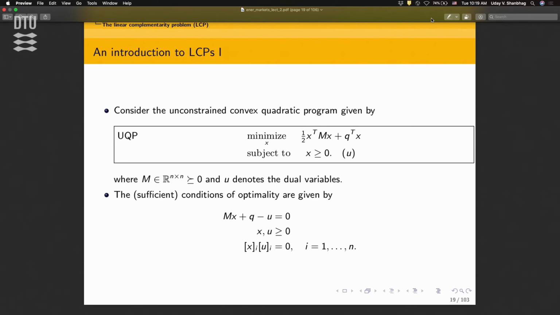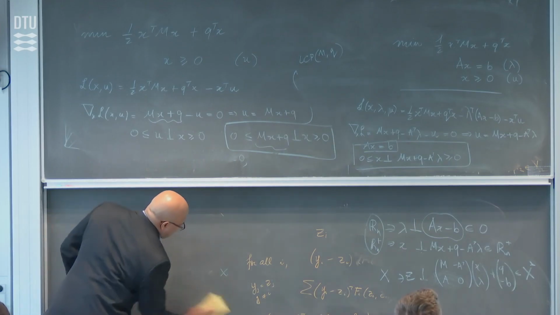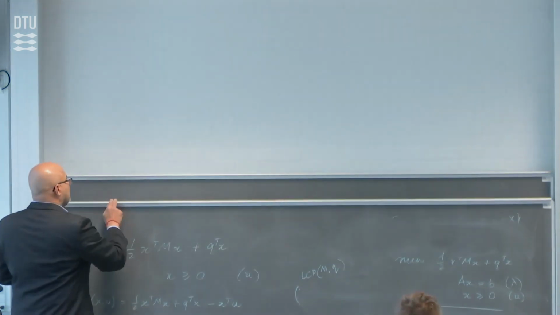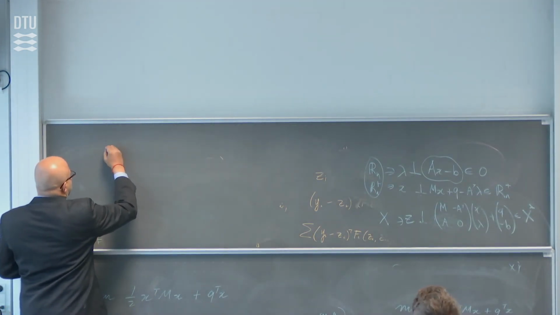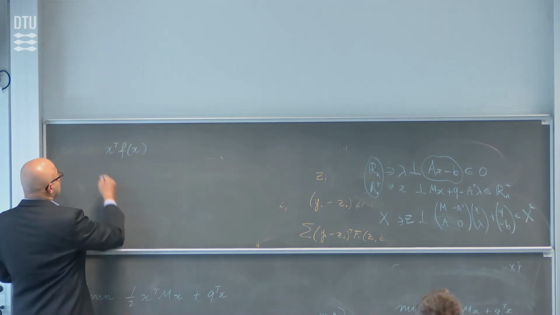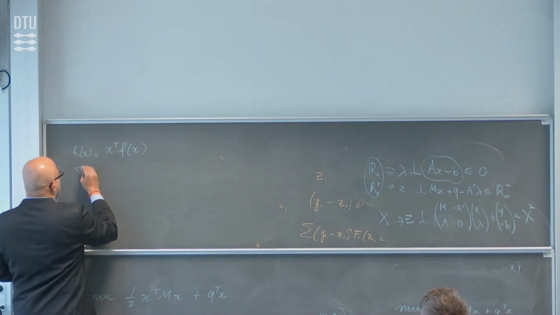What happens when you differentiate a quadratic function where the inner matrix is not symmetric? Suppose I gave you a function like this, and I tell you differentiate this function. What rule do you use to differentiate this function? The chain rule, right?